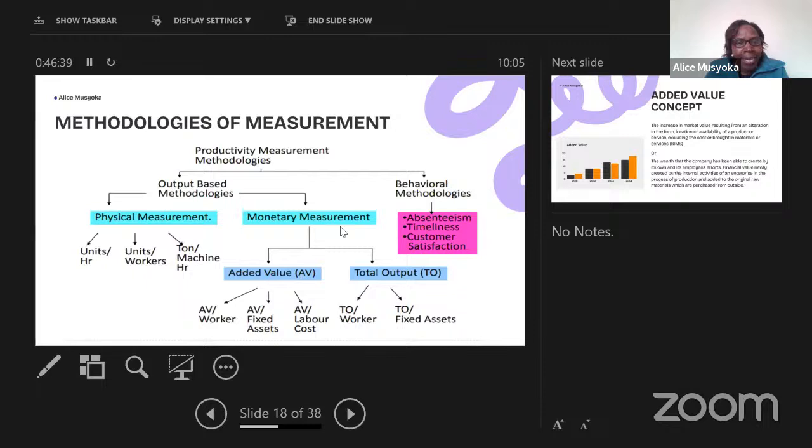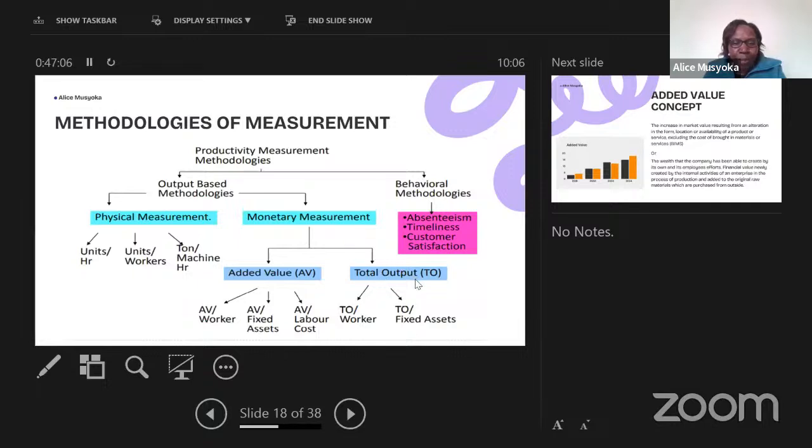Under monetary measurements, we could be looking at added value, which is added value per worker, or added value divided by fixed assets, or added value divided by labor cost. We could look at all that.